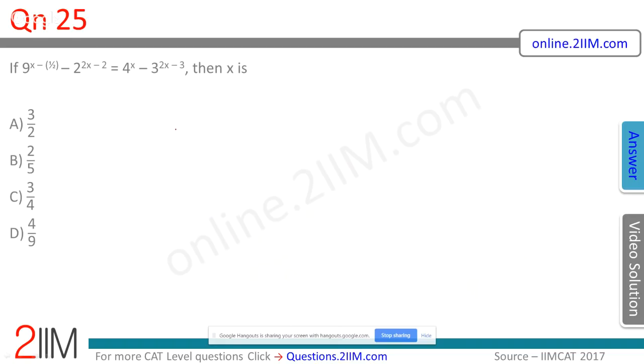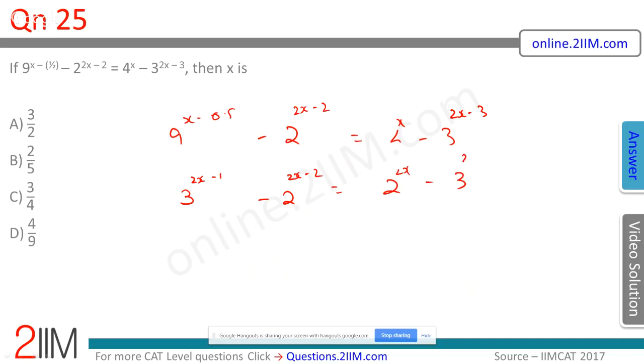9 power x minus 0.5 minus 2 power 2x minus 2 equals 4 power x minus 3 power 2x minus 3. This is interesting. I'm going to make these two in terms of that. So this is 3 power 2x minus 1 minus 2 power 2x minus 2 equals 2 power 2x minus 3 power 2x minus 3.